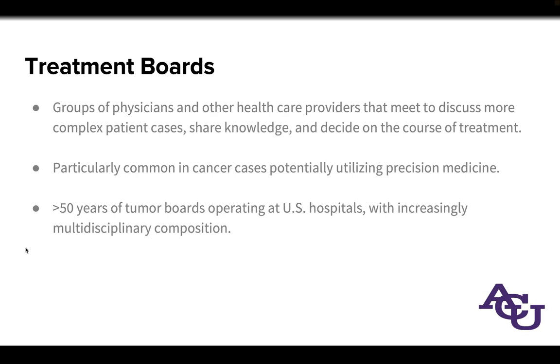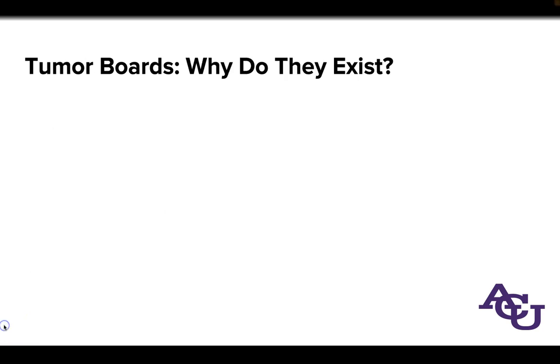Now, one particular type of treatment board, the tumor board, has a history now in the US of more than 50 years, and these are increasingly multidisciplinary in nature because we are having an improved understanding of how to address the many iterations and variations in cancer.